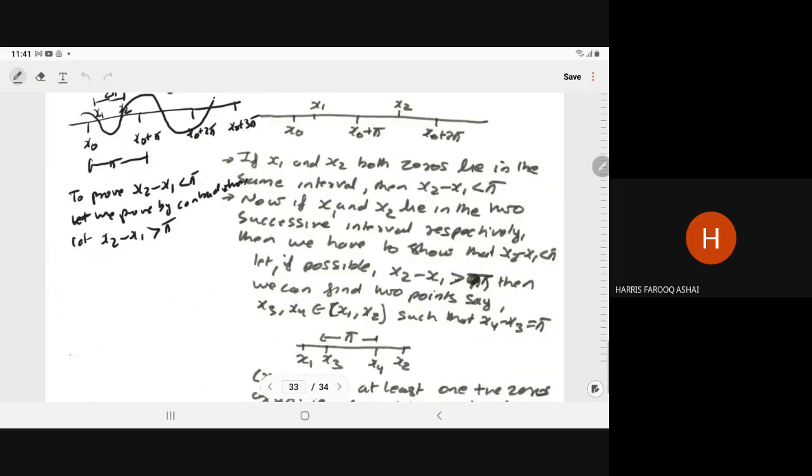Here we have x1 and x2 with distance greater than pi, which is our assumption for contradiction.